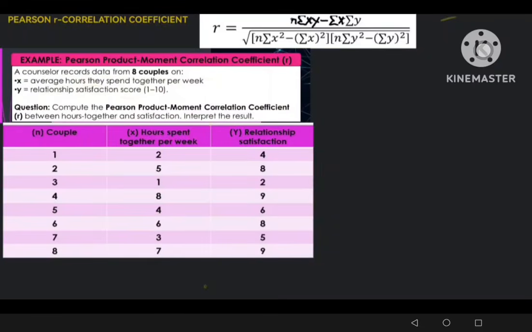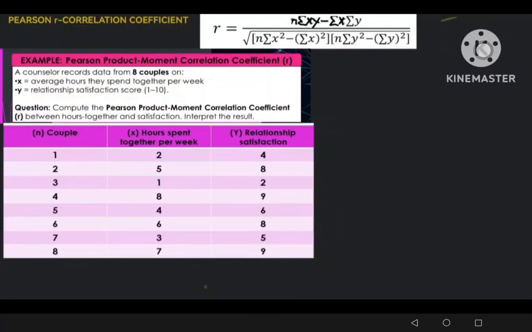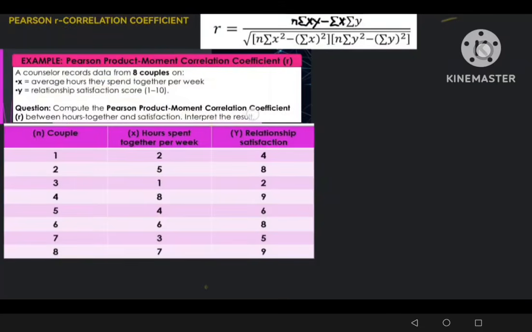That's the value of our X. And Y there, they rated the relationship satisfaction depending on the hours they spent in the week. So they rated it from 1 to 10. So that's the value of our Y. Question there: compute the Pearson product moment correlation coefficient R between hours together and satisfaction. And then we're going to interpret the result.